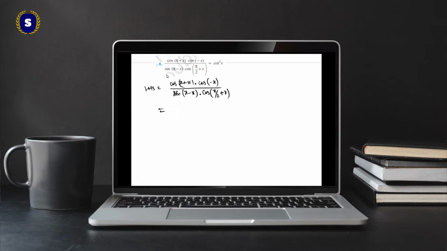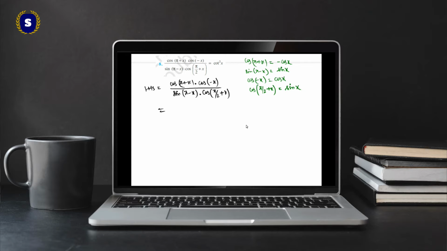So we know that, let me write down first, cos(pi plus x) is equal to minus cos x, and sin(pi minus x) is equal to sin x. Cos(minus x) is equal to cos x, and cos(pi by 2 plus x) is equal to sin x.